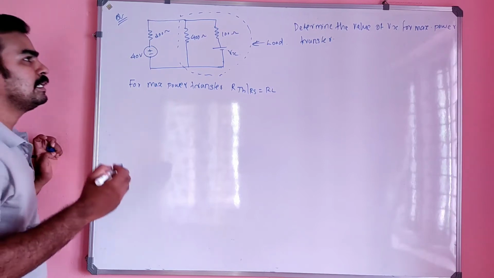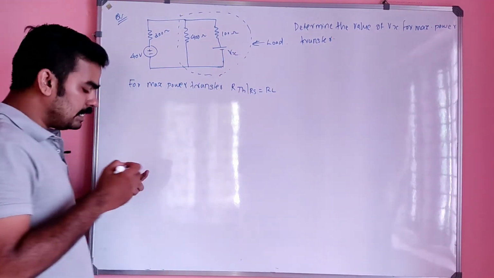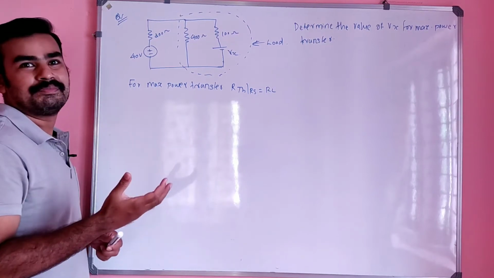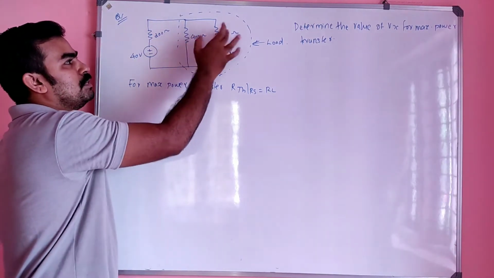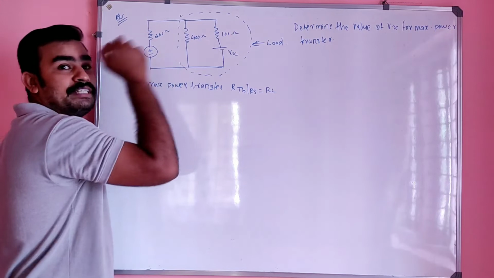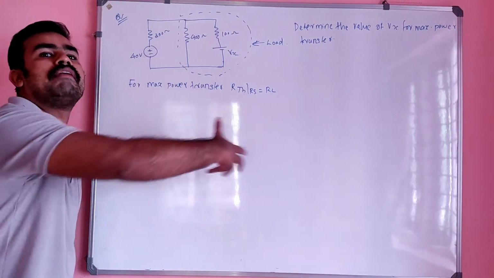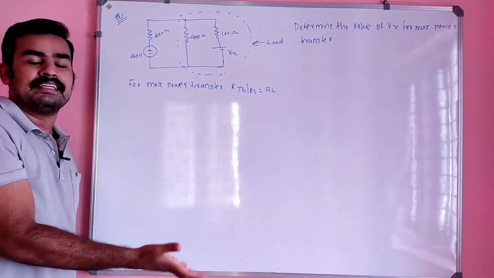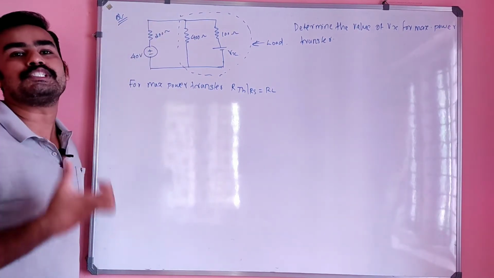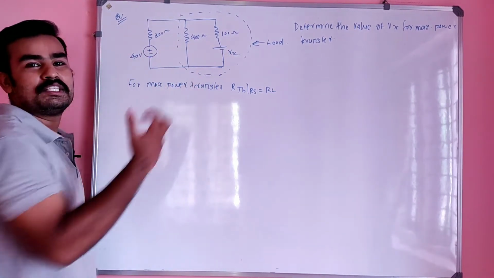So here the load resistance RL is not purely a resistance. It consists of two resistors and a voltage source. It is not purely a load, since it contains a voltage source.